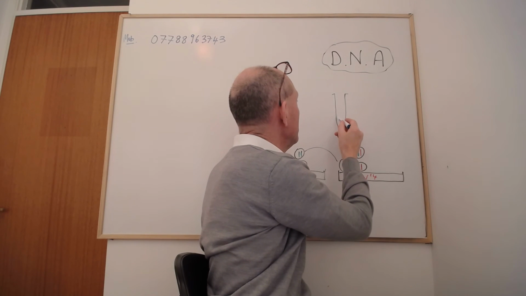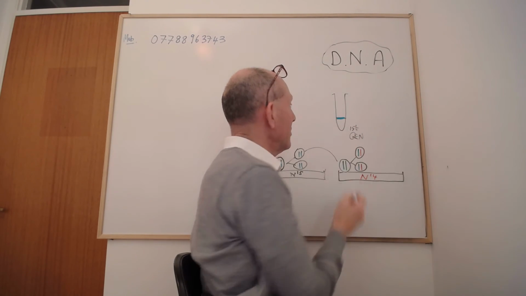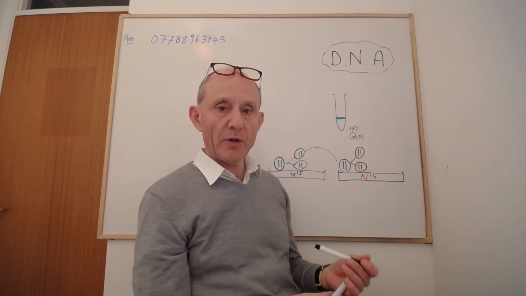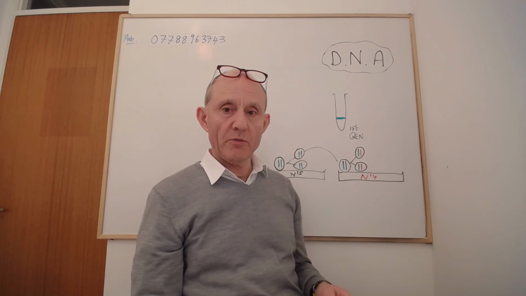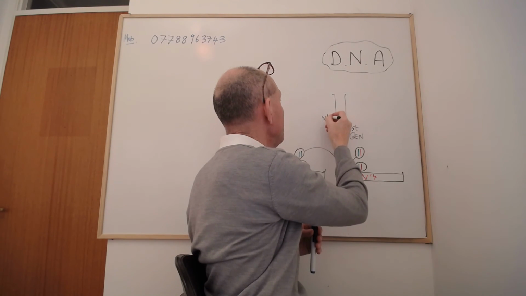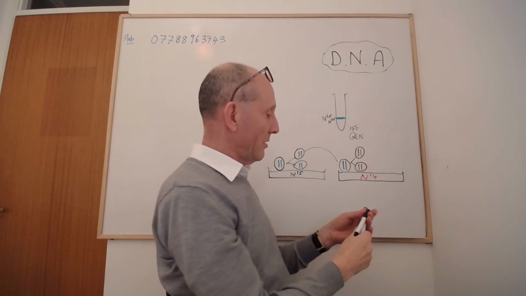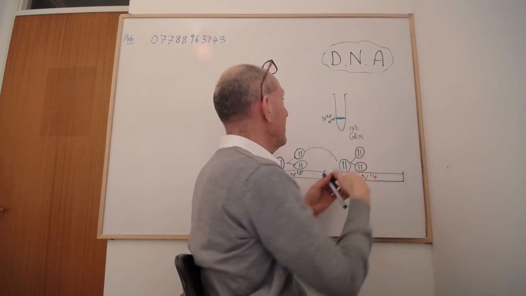And what you got was a band of a group of bacteria at the bottom here, which represented nitrogen 15, both strands being nitrogen 15.